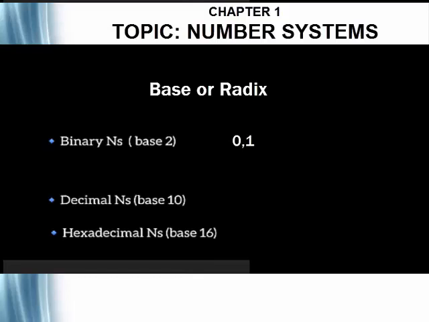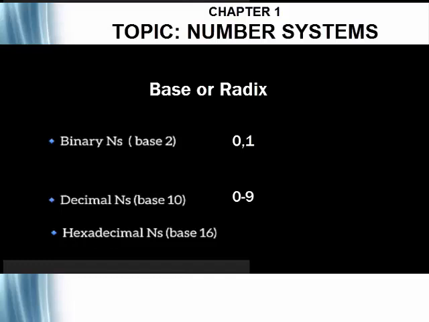Similarly, the denary number system, which is also called the decimal number system, has base 10, which means numbers 0 to 9 are used in the decimal number system. That is why it has base 10, because if we count the numbers 0 to 9, it will be 10.